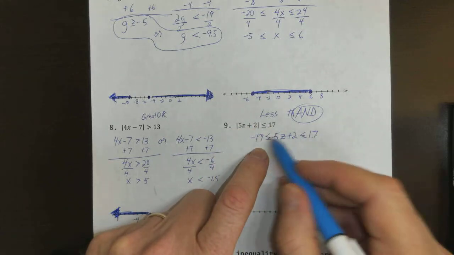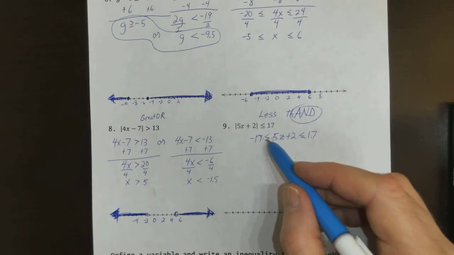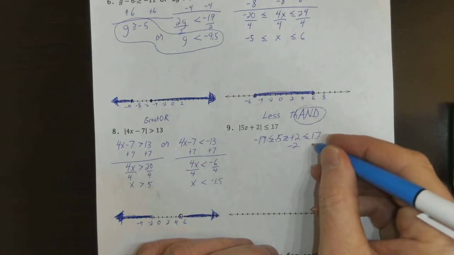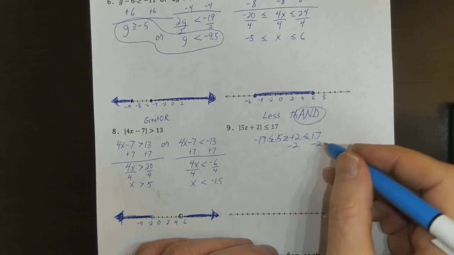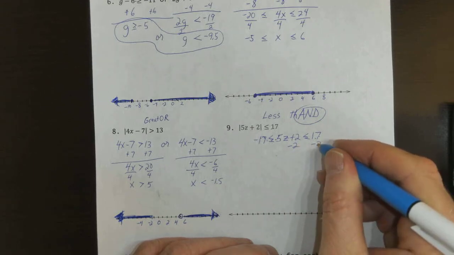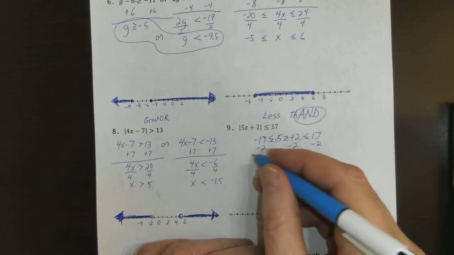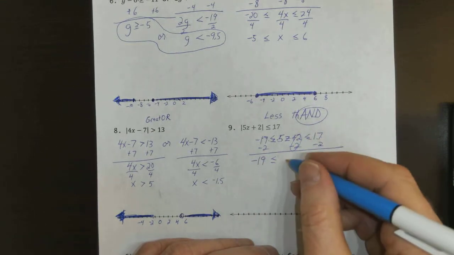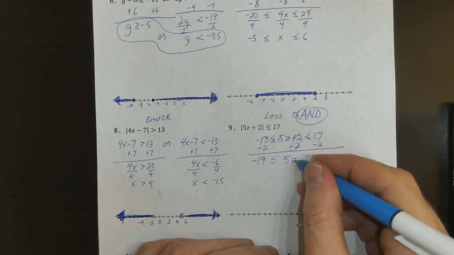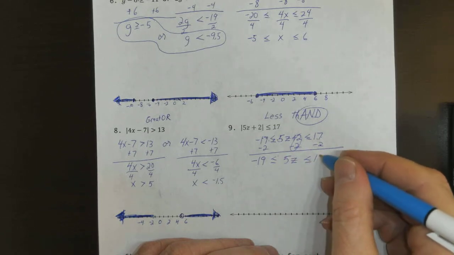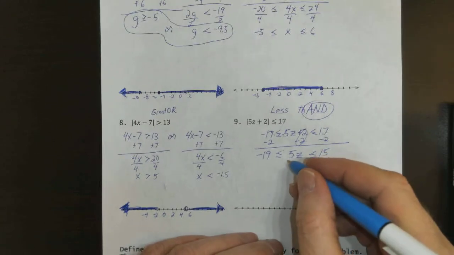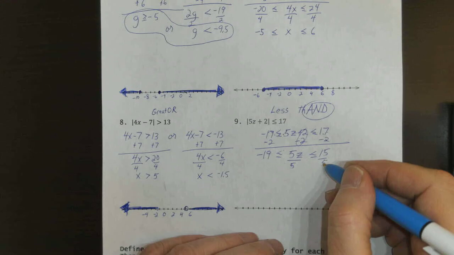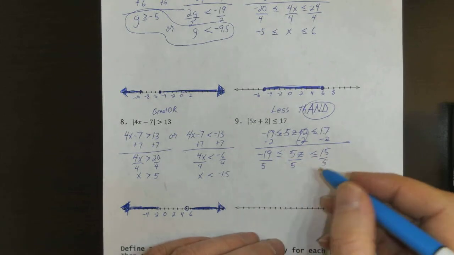This will point the same direction, but it's on the left side of 5z plus 2. I'm going to subtract 2 from both the middle, the right, and the left. That's negative 19, less than or equal to 5z, less than or equal to 15. I'm going to divide by 5, in the middle, right, and left.